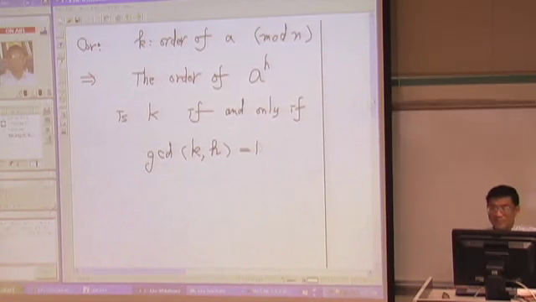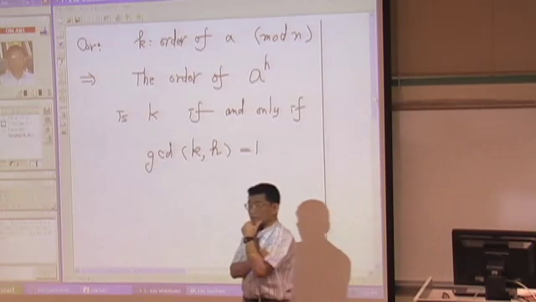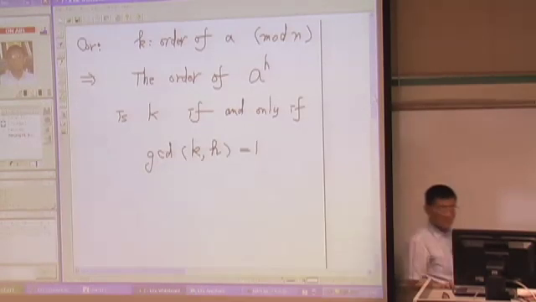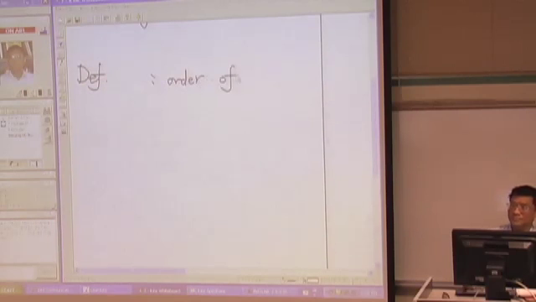Then, a very important definition, unless you have a question. If you have a question, I will cover the next important definition. Theoretically, this is a very important definition. Assume that the order of a mod n happens to be some number such as phi of n, right?